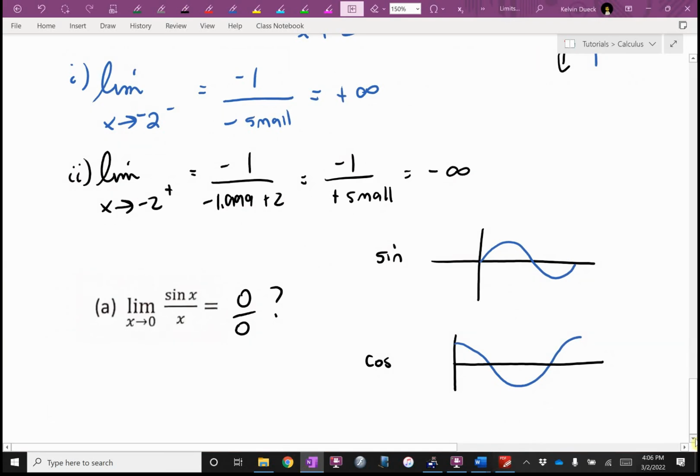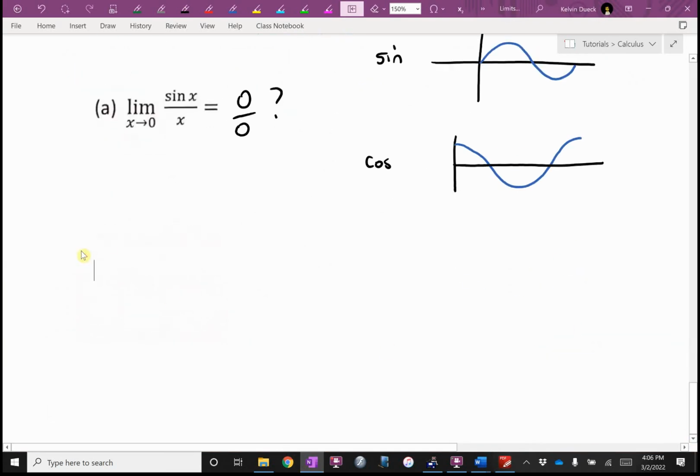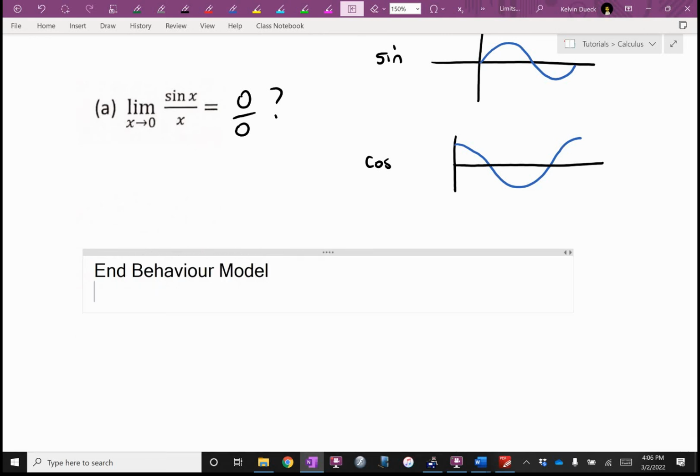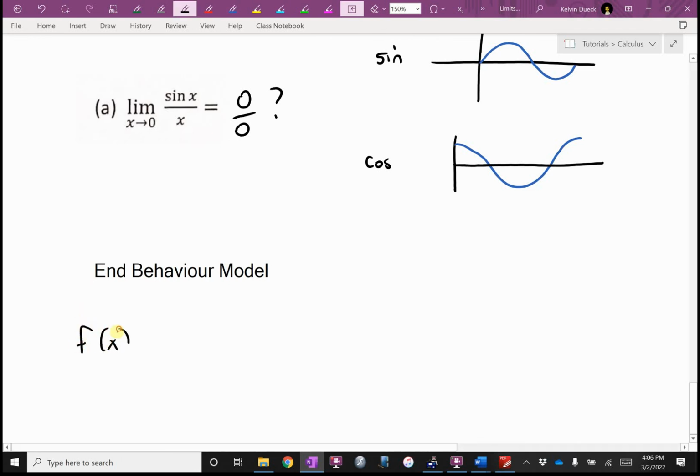One example of end behavior models, because they're kind of cool. Suppose we have f of x equals 3x squared plus 2x minus 4 all over 2x plus 3.